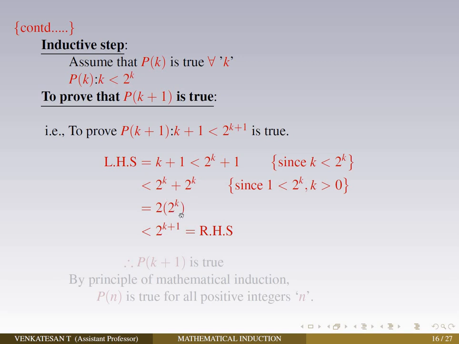This is 2 times 2 power k. So 2 power 1 into 2 power k becomes 2 power k plus 1. This is my required right hand side. Therefore, P of k plus 1 is also true. Hence, by the principle of mathematical induction, P of n is true for all positive integers n.